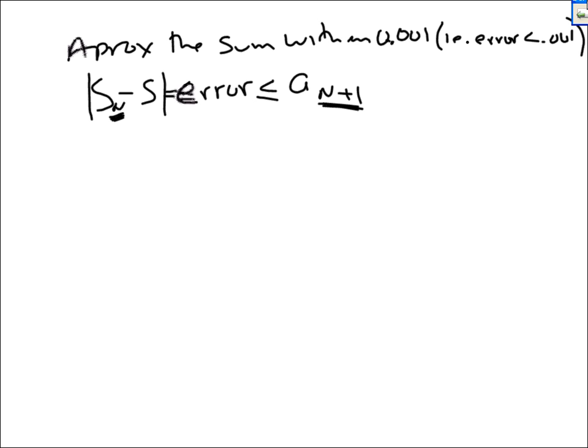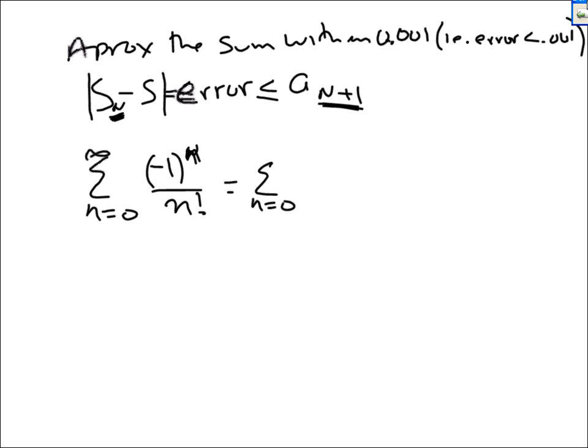Here's the problem, the same one we just did: the summation as n goes from 0 to infinity of -1 to the n times 1 over n factorial. That's the a sub n, and I want it to be less than 0.001.